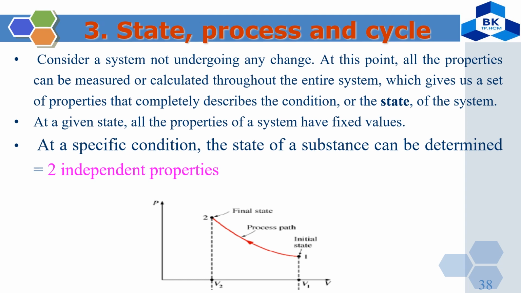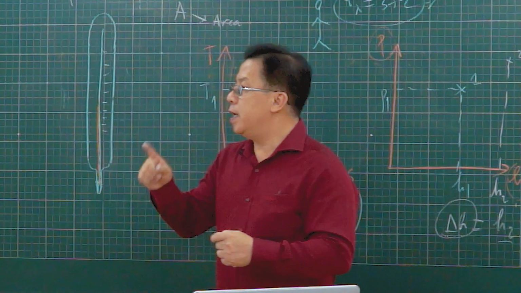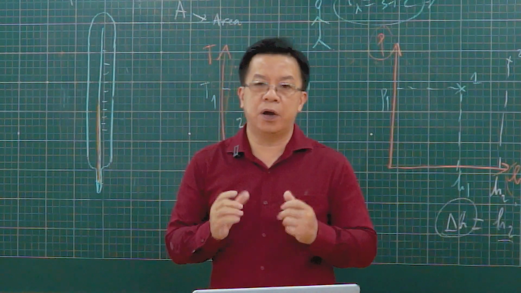In this one, all the properties can be measured or calculated throughout the entire system, which gives us the set of properties that completely describe the condition or the state. Okay? So it means in a given state, all the properties have fixed values.